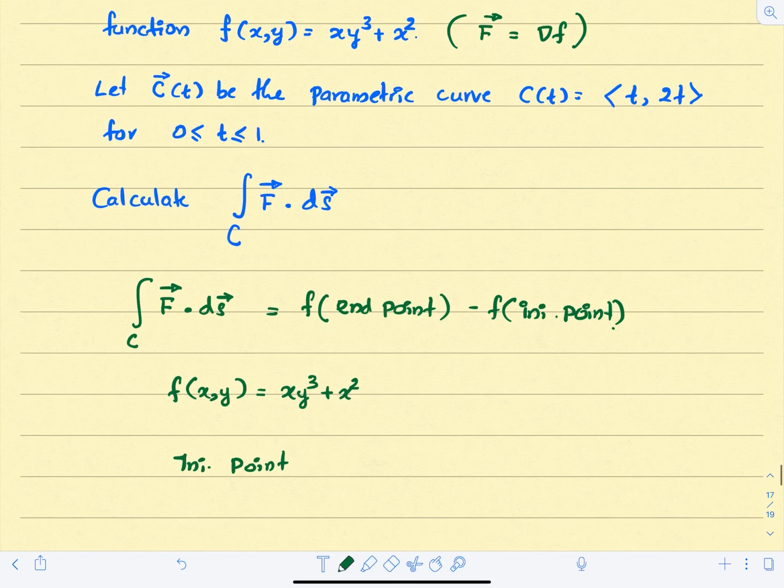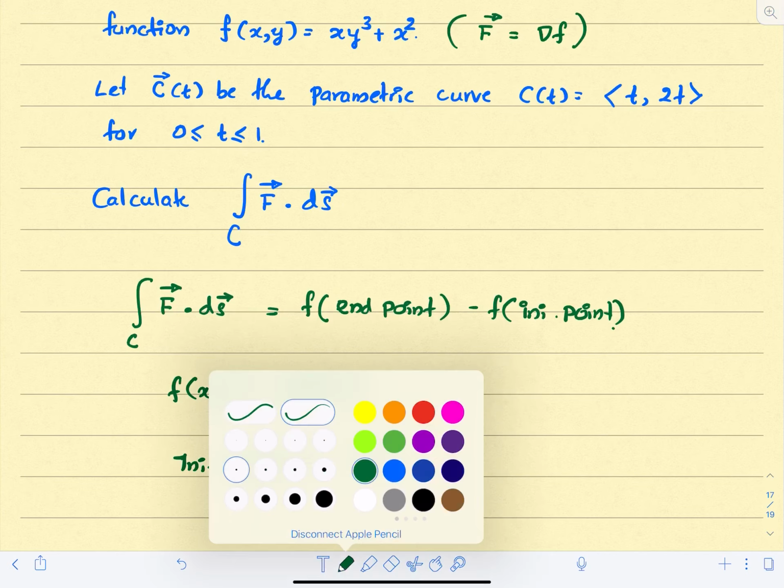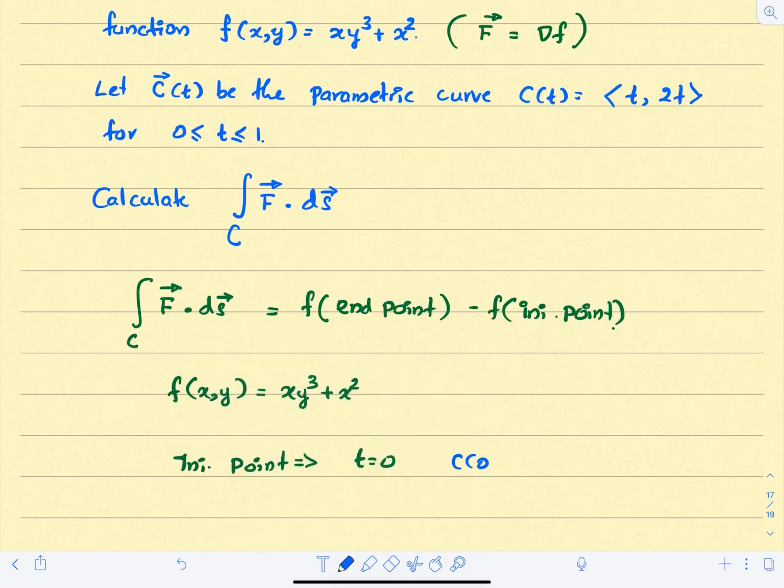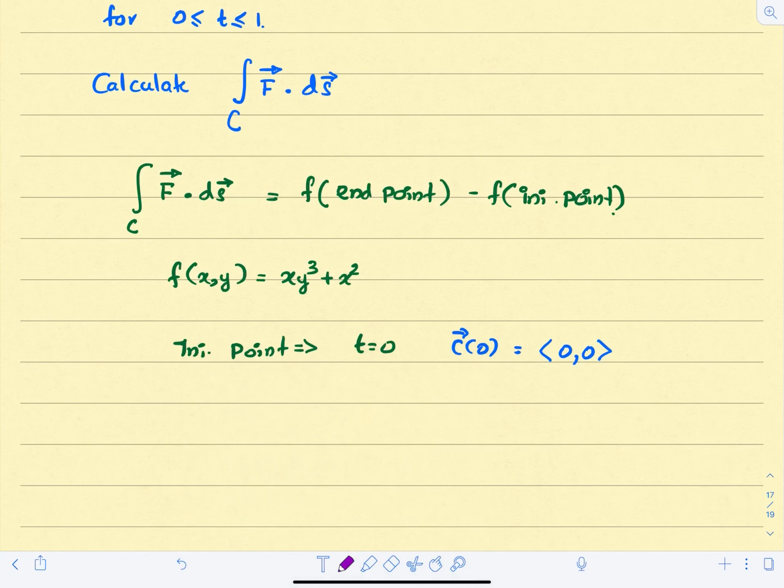The initial point corresponds to t equals 0. If you substitute t equals 0 into this parameterization, you get c of 0 equals 0 comma 0. And the terminal point, or endpoint, is given when t equals 1. So c of 1 equals 1 comma 2.